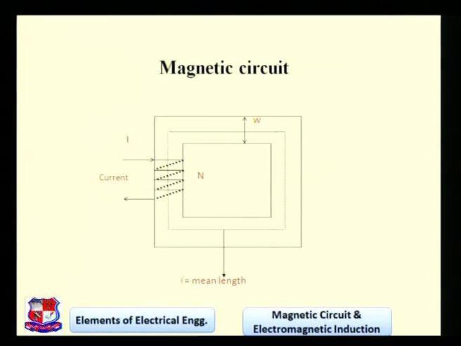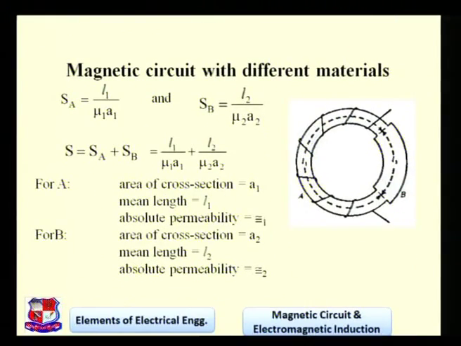Now we have a magnetic circuit in which a magnetic core is given, the area is given, and the current flows through the magnetic circuit. This is a simple magnetic circuit. Now if we have different materials, what will be the total reluctance of that circuit? Here we have two materials.